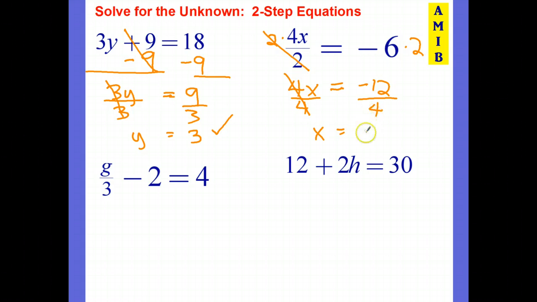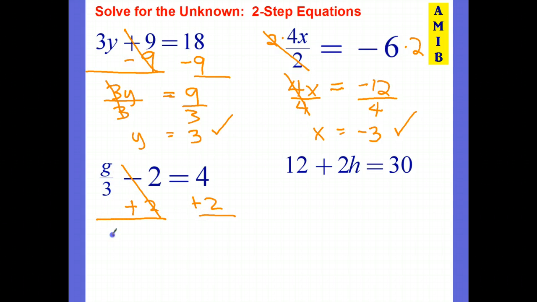Negative 12 divided by 4. Well, negative divided by positive is negative. 12 divided by 4 is 3. Okay, let's do a quick check on that one. 4 times negative 3 is negative 12. Negative 12 divided by 2 is negative 6. So that's correct.